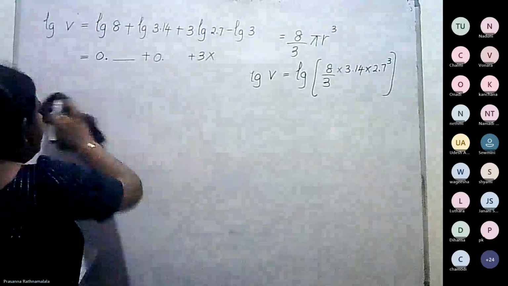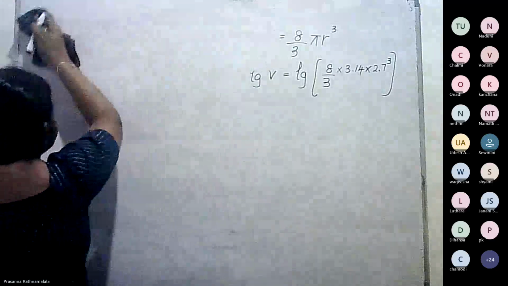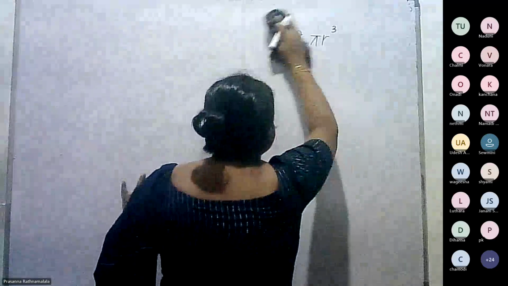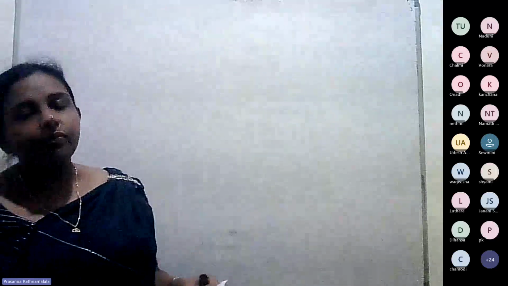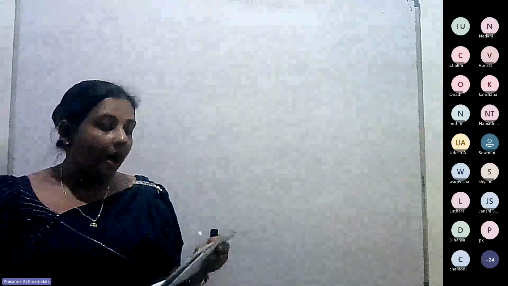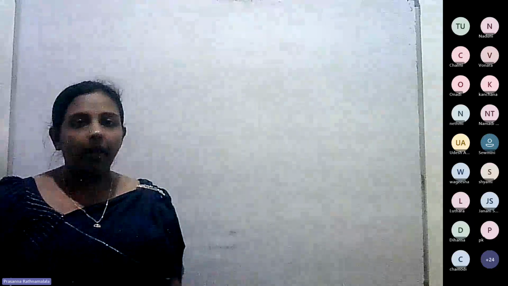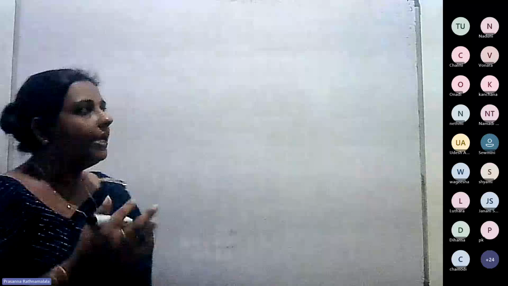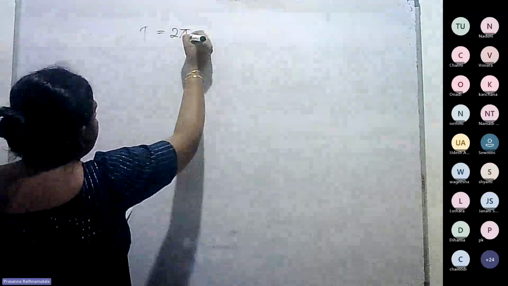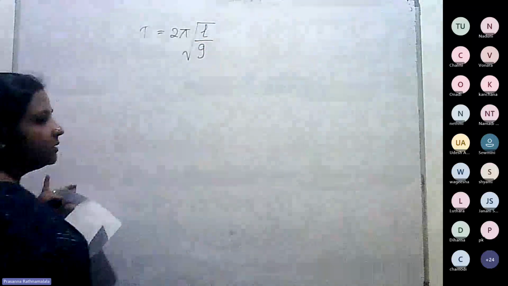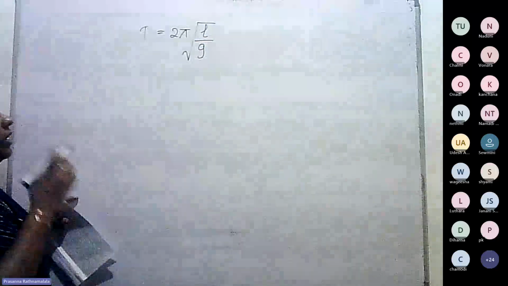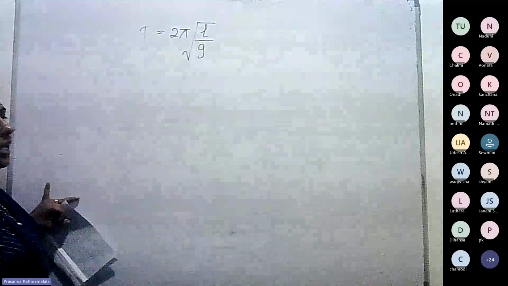Right. Next one. Right? Using the logarithmic table, find the value of 1 upon square root of 0.75. Then the formula t equals 2π square root of L upon g. Then we find the value of t here.